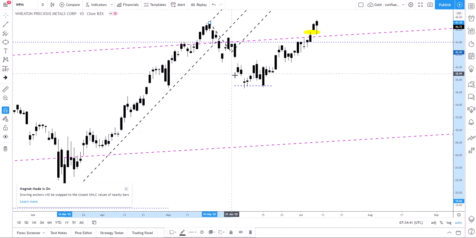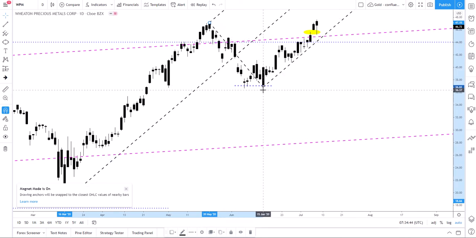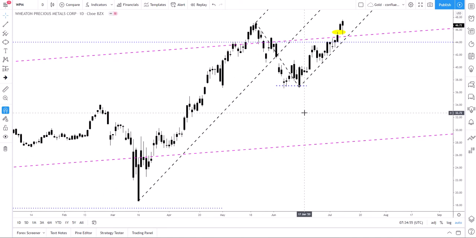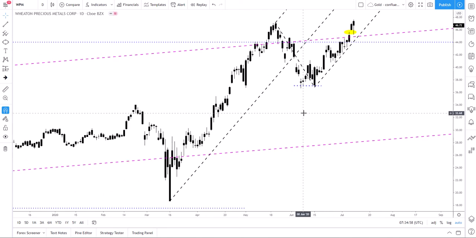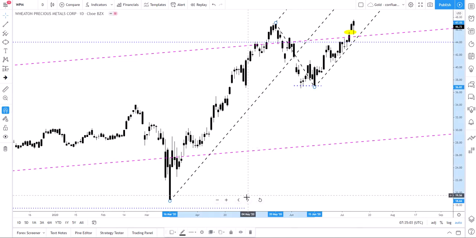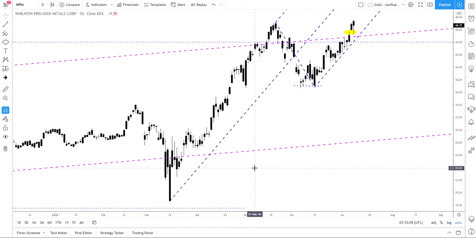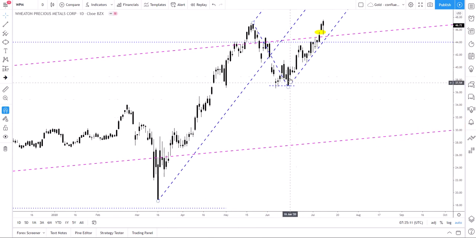So anyway, the point is that we have some judgment as technical analysts as to which of these price bars we pick for the pivot point on our Andrews pitchfork. And so obviously, I can't imagine anybody arguing with me that this is the appropriate pivot point for that Andrews pitchfork.